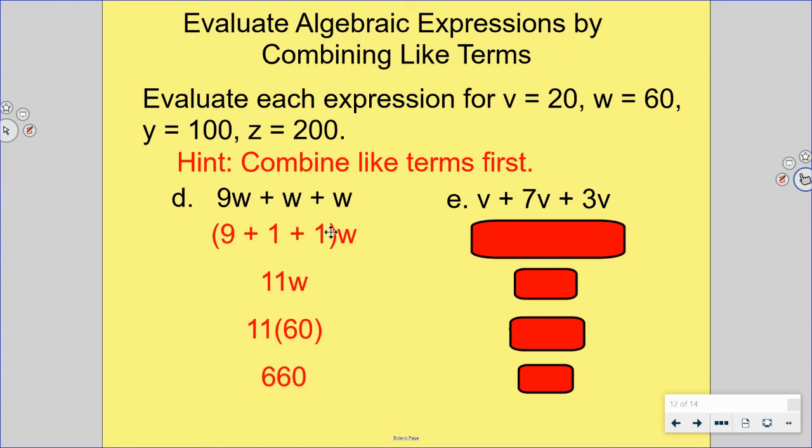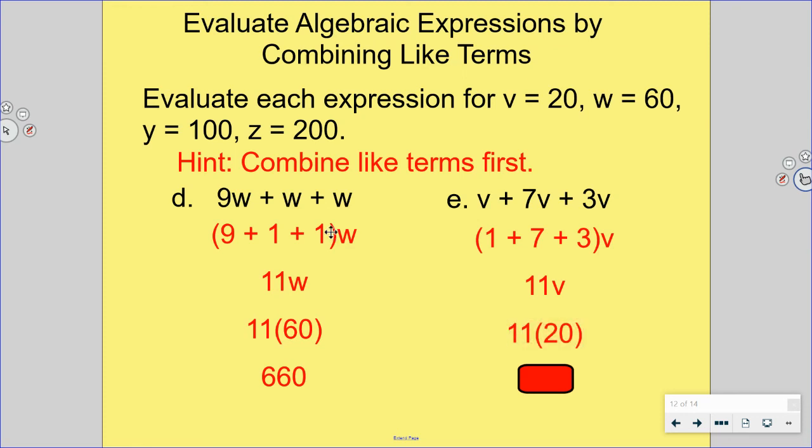For example, E. Why write v plus 7v plus 3v when we could just put those together and say 11v's? All right, now 11 times 20 would be 220. So this is how using combining of like terms and a distributive property will make our lives simpler.